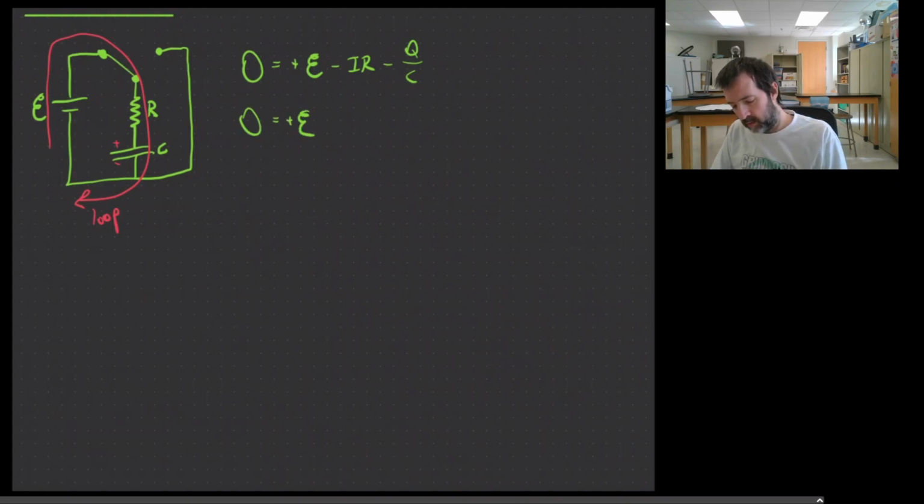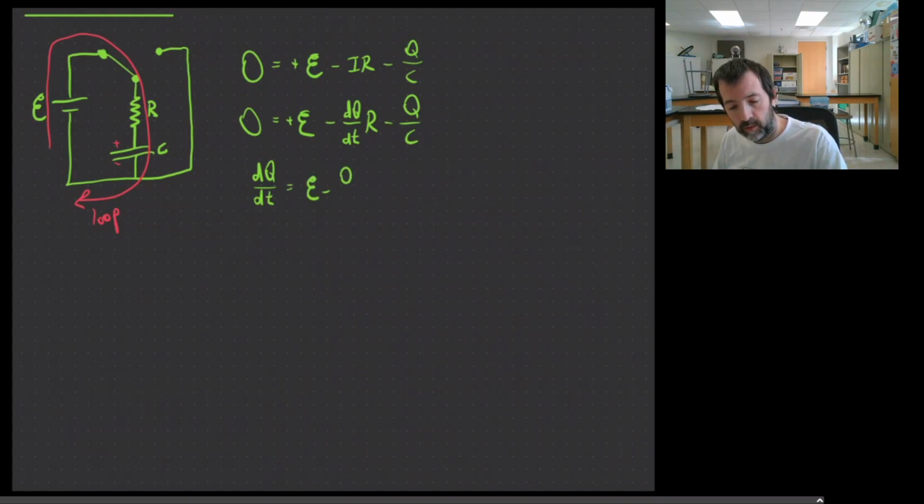I'm going to make a similar substitution as last time, but since Q is an increasing quantity this time, I don't need the extra minus sign. So I just replace I with dq dt straight up. Isolate the dq dt.